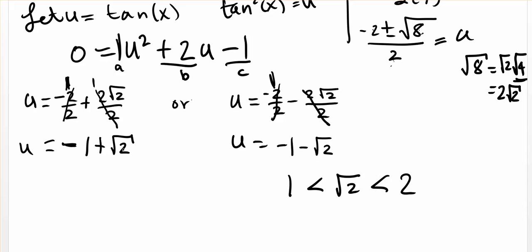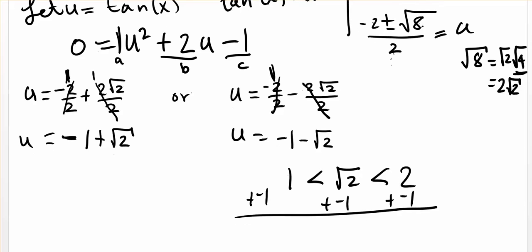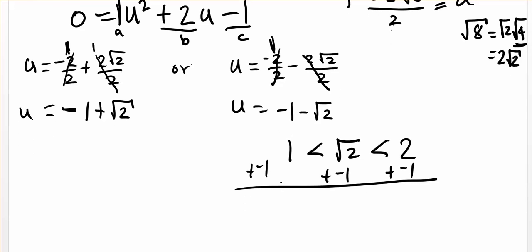Now, if we add a negative 1 to each one of these values, we can see that 0 is less than or equal to negative 1 plus the square root of 2, and it's going to be less than 1. So now we know that the size of this value right here is between 0 and 1.